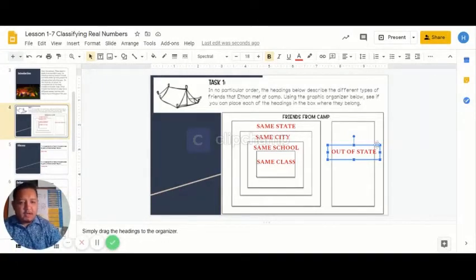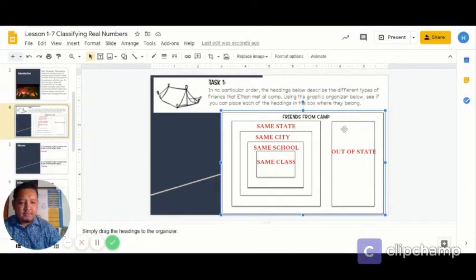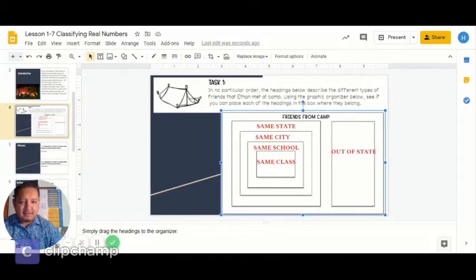Now, all of these people here could have gone to the same camp, even if you are from out of state. So all of these places are the possibilities where Ethan could have friends from in the same camp.